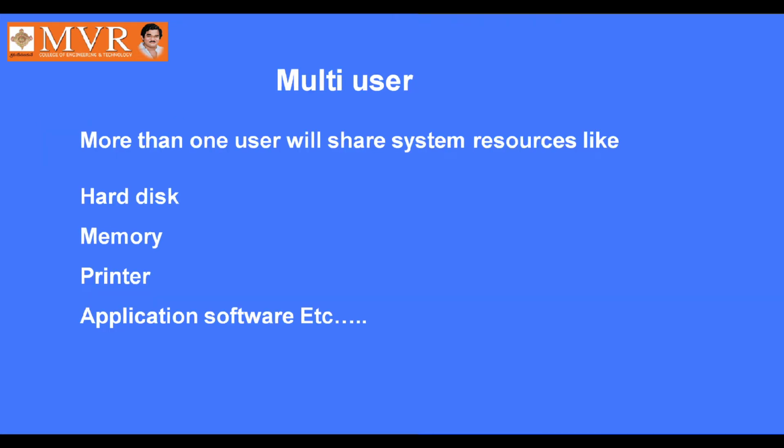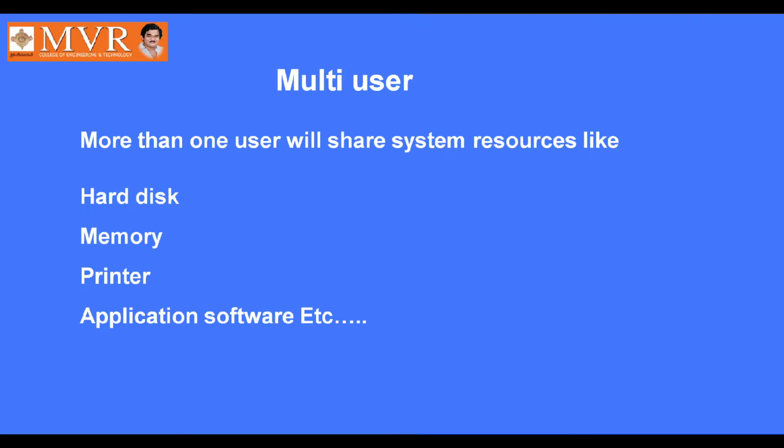The first one is multi-user. First of all, let us understand what a multi-user system is. A multi-user operating system means more than one user shares the same system resources. As we know, a system has several resources like hard disk, memory, printer, and software, that means application software, etc. So many things are available on a system as resources.